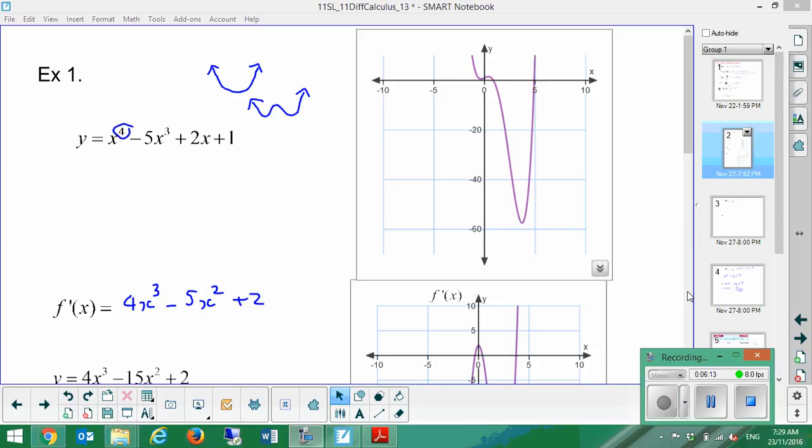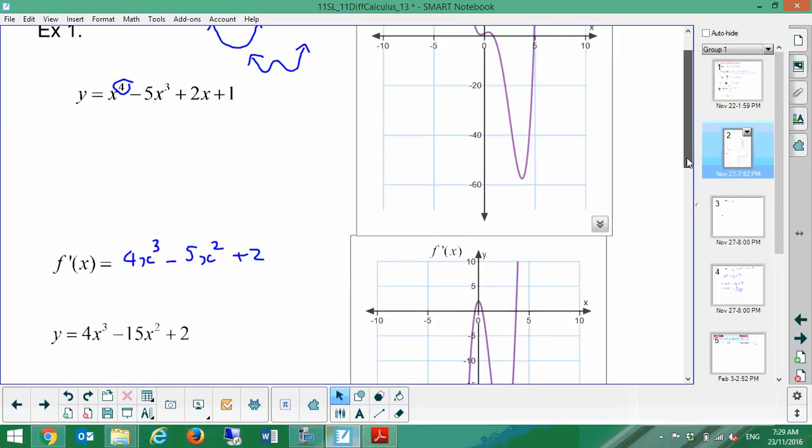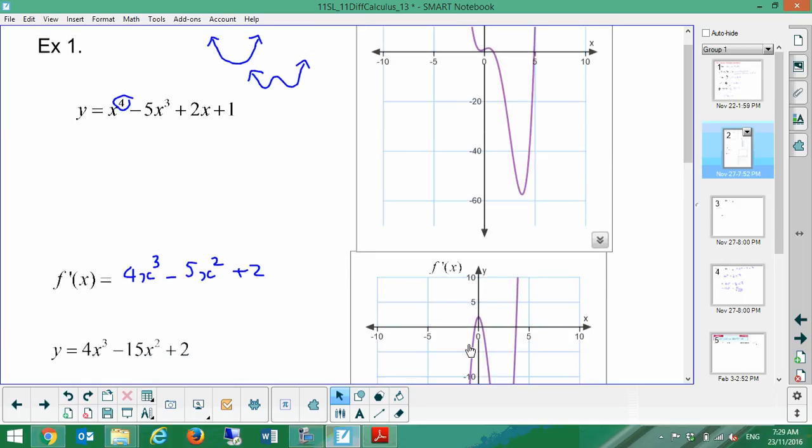So now we can see that we have this negative gradient, which corresponds to this part of the graph down here. We've got a zero gradient here, here, and here, which is our minimum, our maximum, and another minimum. That's our zero gradients, the horizontal tangent. Up here, it's all a positive gradient, so we've got a little bit of positive gradient here, and then we go negative gradient again.